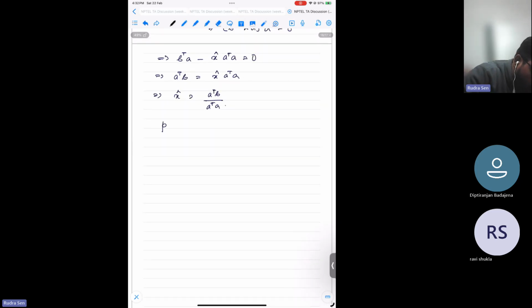So P is A transpose B by A transpose A, into A.